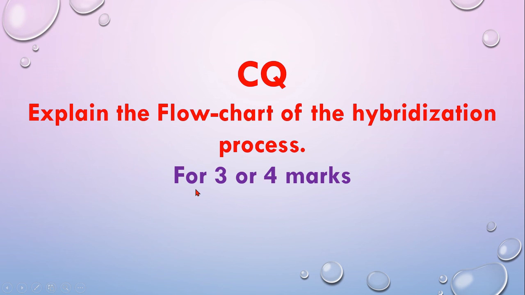In this chapter you can get questions like: explain the flowchart of the hybridization process for 3 to 4 marks. Remember that sometimes they mention in the questions, like I showed you, the 8 steps or 8 generations, but sometimes they ask you to explain the flowchart of the hybridization process till the 5th step or 4th step. If they need so, you explain up to the 5th step or 4th step.